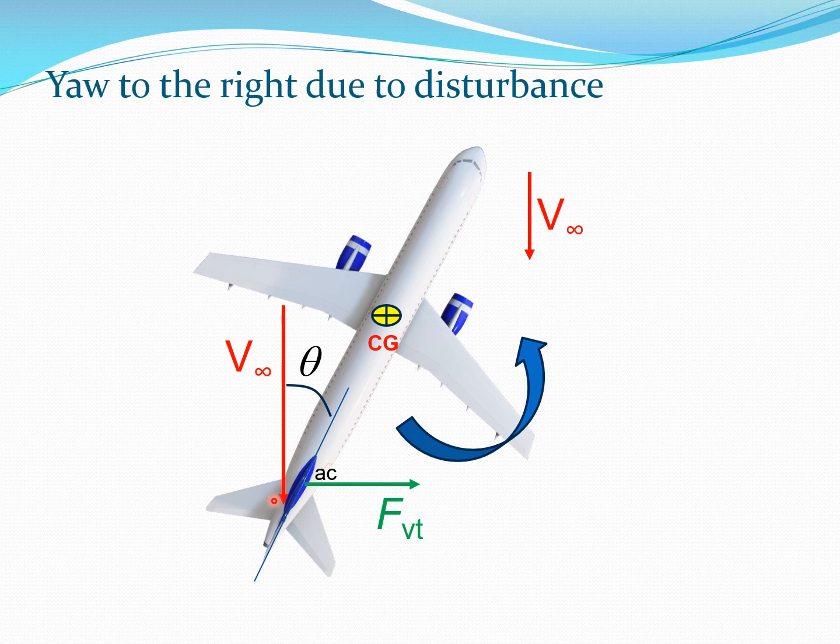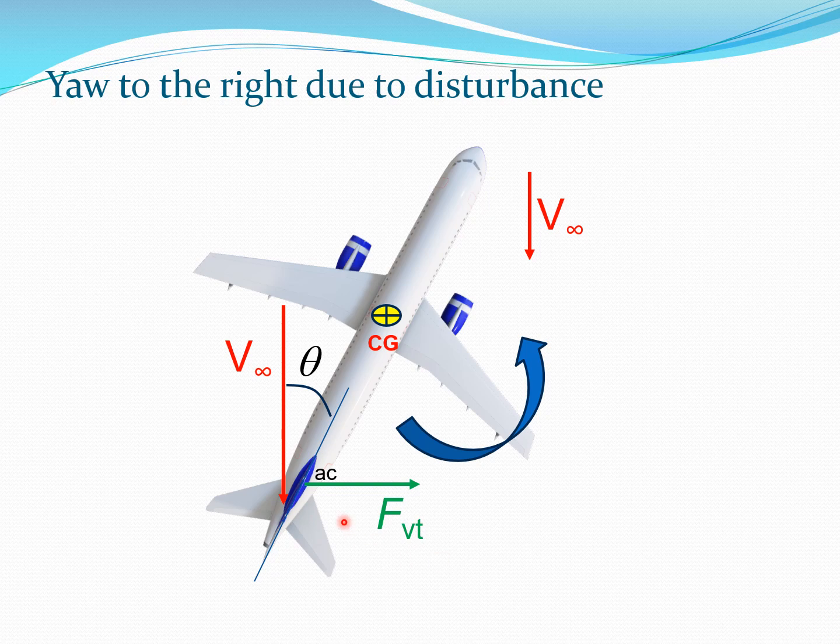If you think back about airfoil aerodynamics, we know that a force is going to act. This is the lift created by this airfoil section, and this force is going to be normal to this velocity. We will call this force FVT, where VT stands for vertical tail.